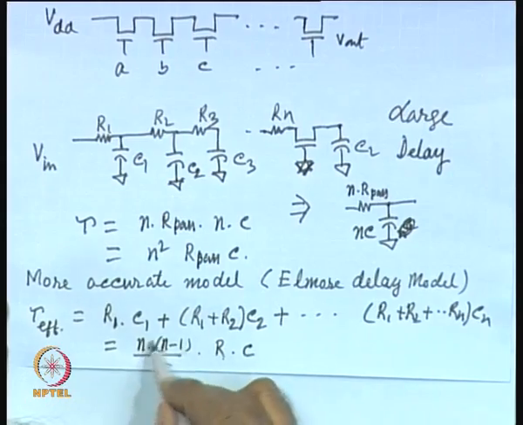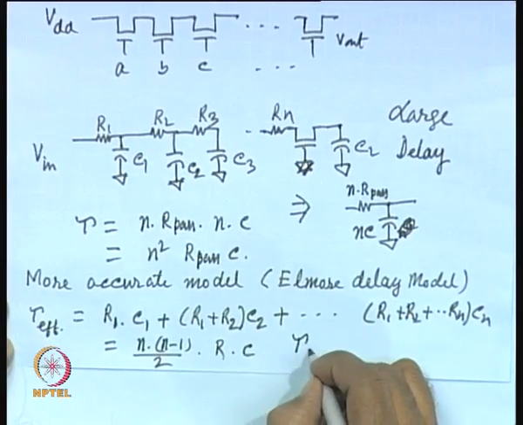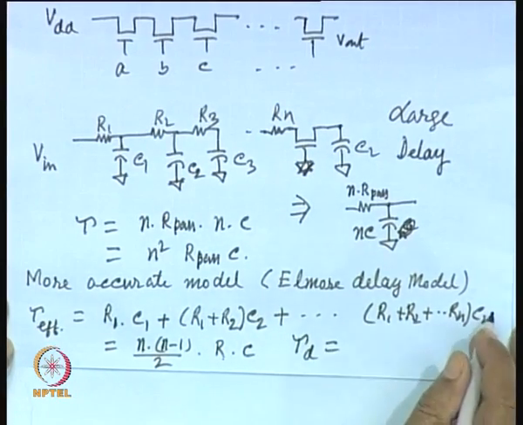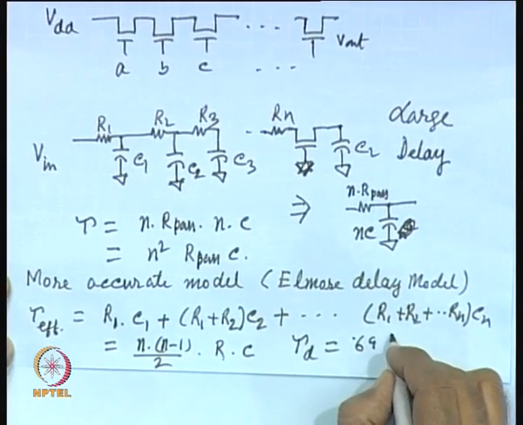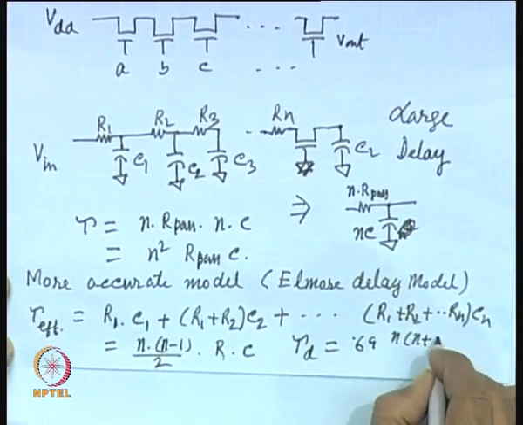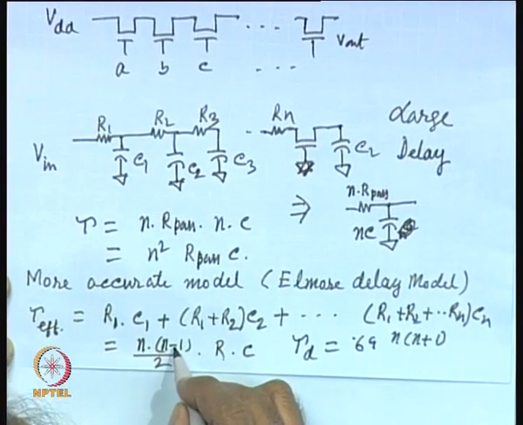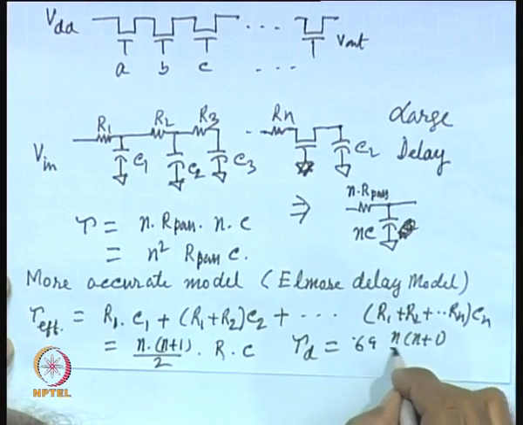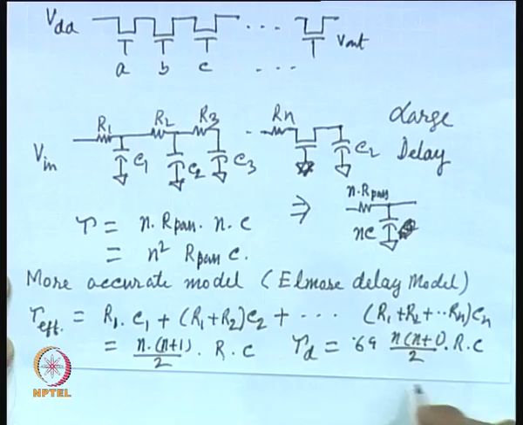So, this will be the time constant. So, the time delay based on this model will be equal to 0.69 n into n plus 1 by 2, it will be n into n plus 1, I believe, by 2 into R into C. So, this will be the time constant.